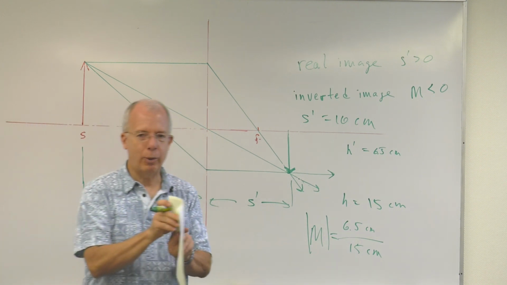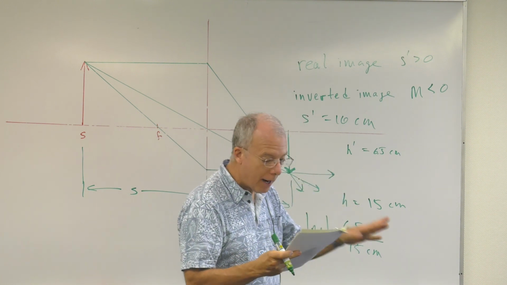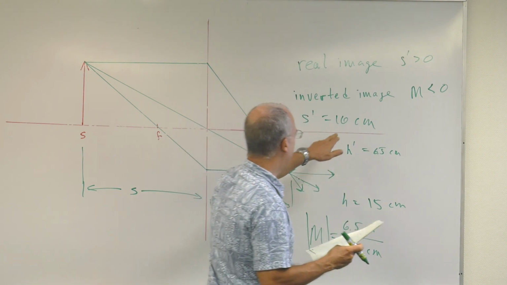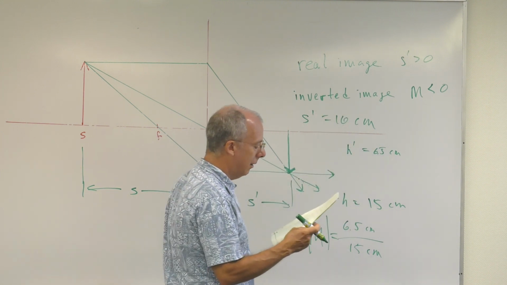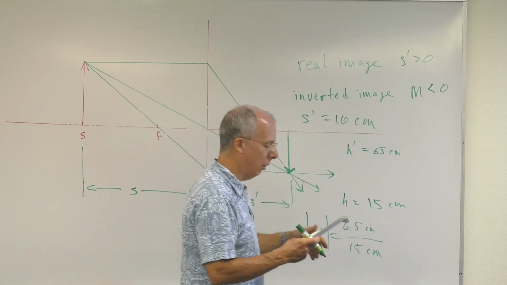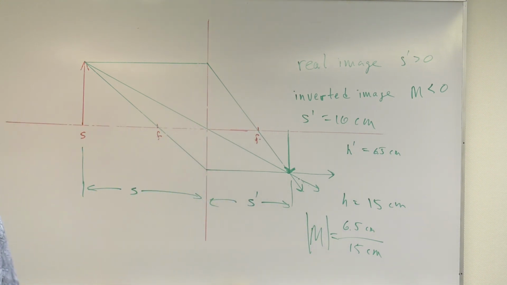When I did it really nicely on a piece of graph paper, and I was super careful, S prime was 17 centimeters. That's not bad. And these were pretty close too. All right, let's do another one, because again, you're going to be doing this soon enough.